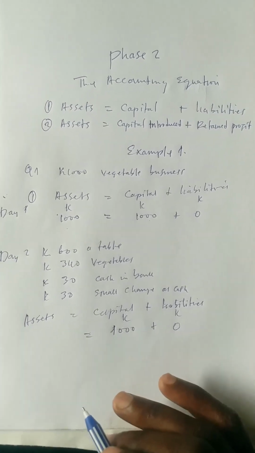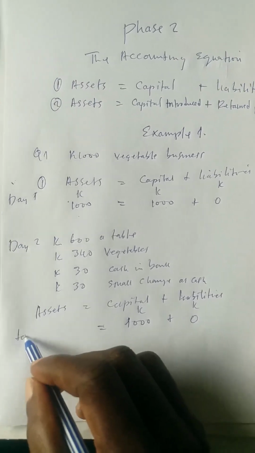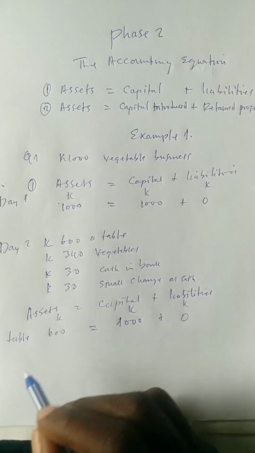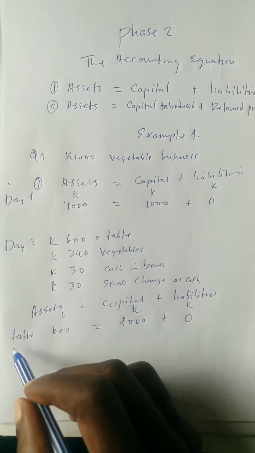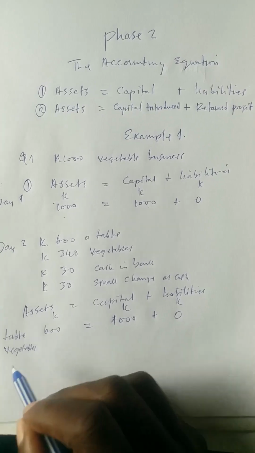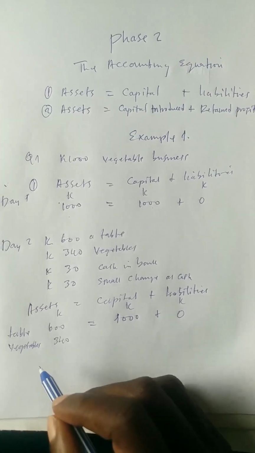But our assets now has been divided. We now have a table, 600. It's also an asset. And then we have goods, which are vegetables. They are also assets valued at 340 kwacha.